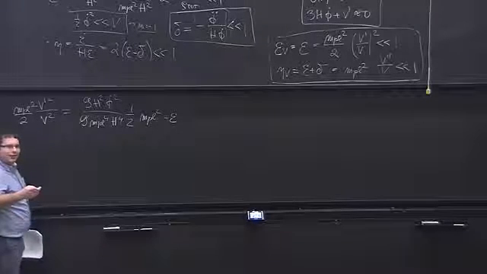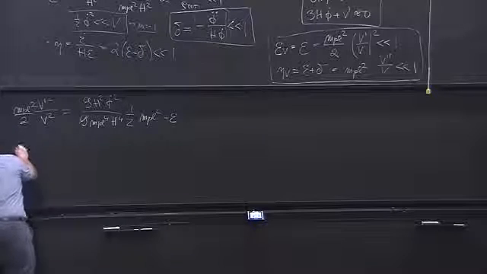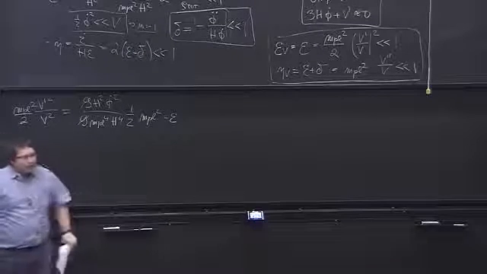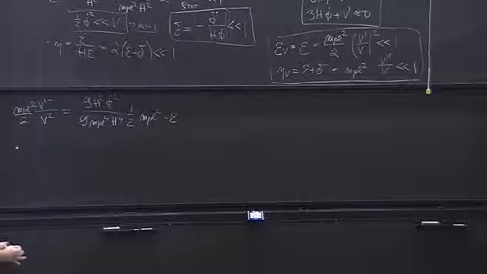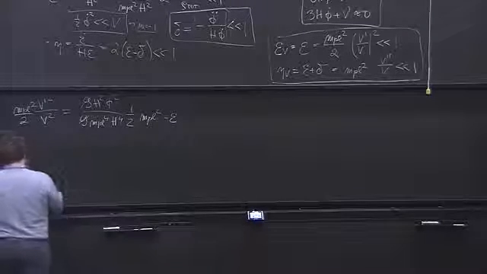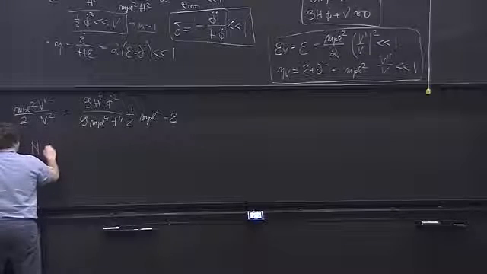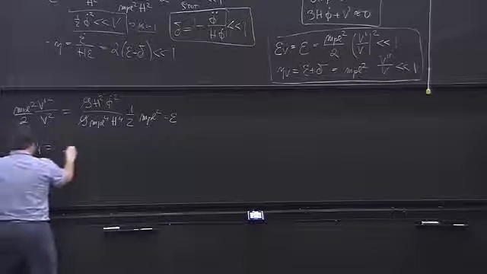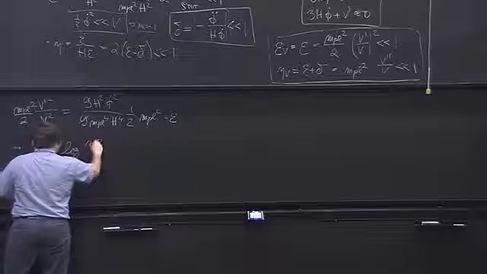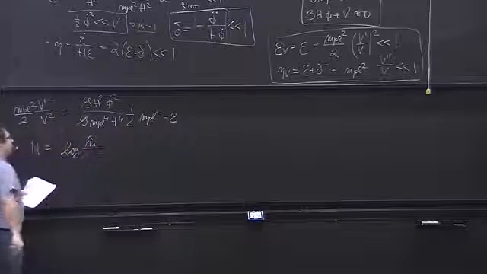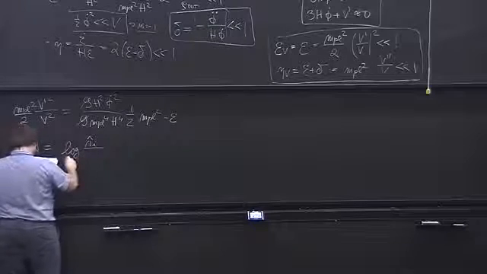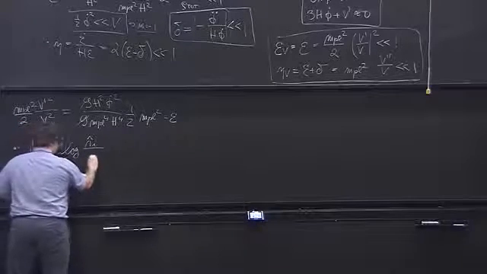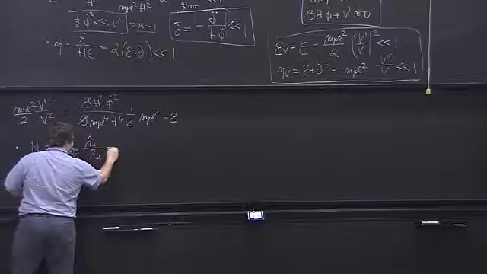Question? No? Okay. Another thing is how many e-folds I can get from this theory. You know that I have to have 40 to 60 e-folds, so let's calculate that number. From the definition, you have the logarithm of the comoving Hubble radius when inflation was initiated divided by when it finished.